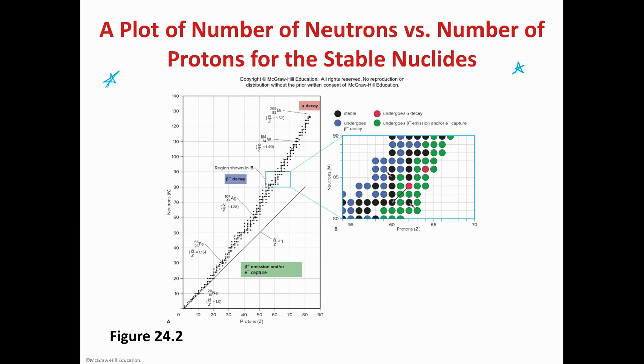Okay, so early on in the periodic table from atomic numbers 1 through 20, so down here, 1 through 20, stable atoms have fairly equal numbers of neutrons and protons. So a good one would be our friend carbon 12 to talk about. 6 protons and 6 neutrons. So the ratio of neutrons to protons is essentially 1. And that makes it stable.